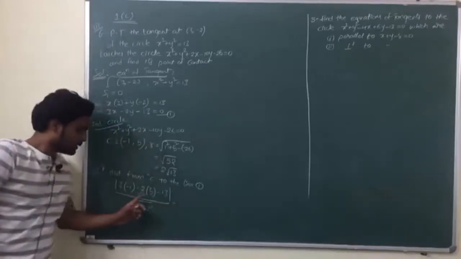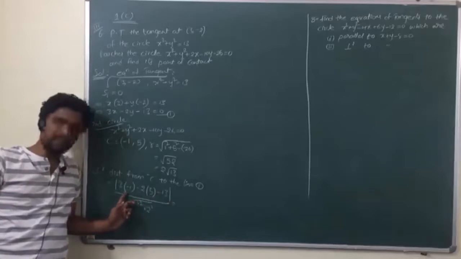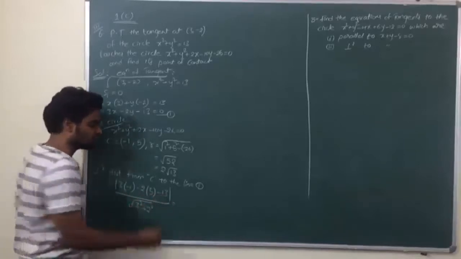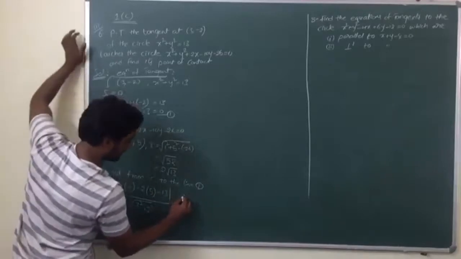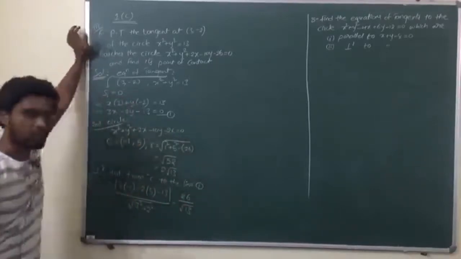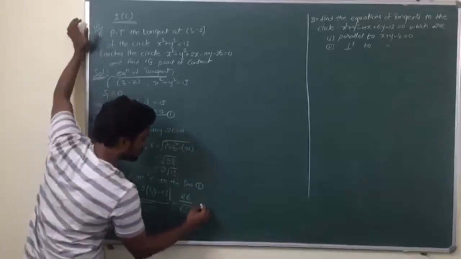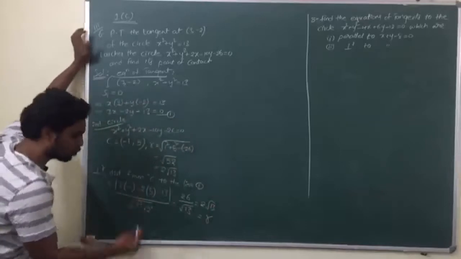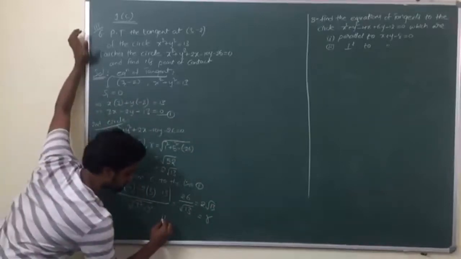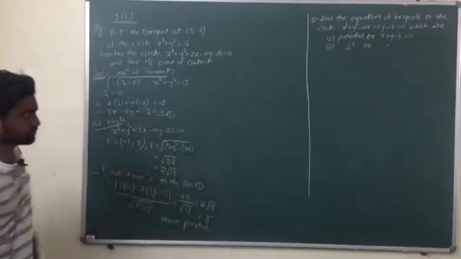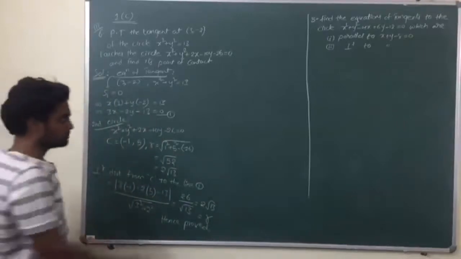See, minus 10, minus 3, minus 13, minus 13, minus 26, mod minus 26, 26 by root 13, which is equal to 2 root 13, which is equal to radius. Hence proved.